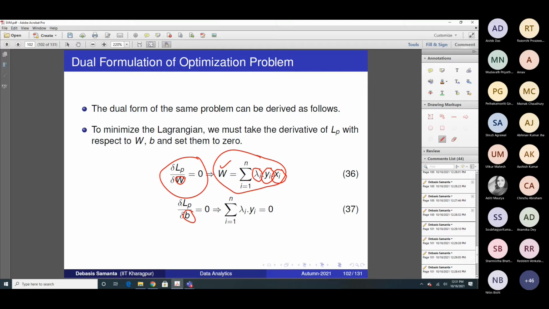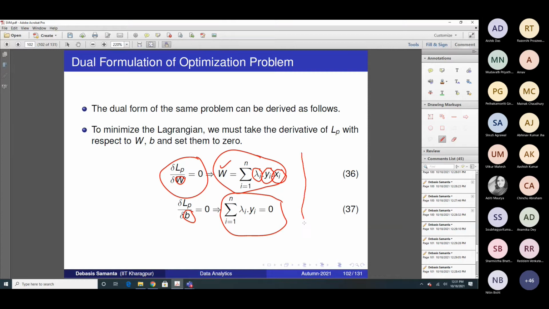Similarly, with respect to the other unknown B, del LP by del B equals 0 gives you another expression: summation over i equals 1 to n of lambda i dot yi equals 0.